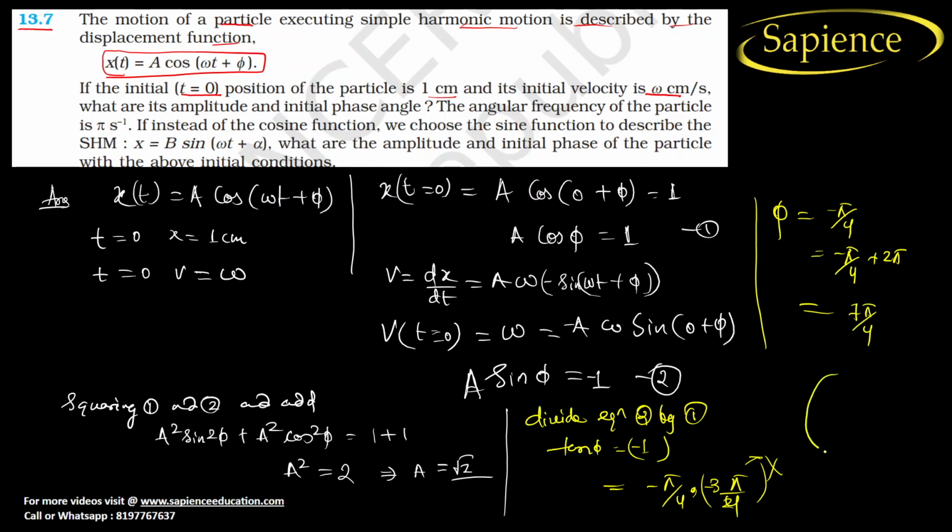If you want to draw the condition, you can see here. This is the condition. So from here, this will be 7 pi by 4, or from here it will be minus pi by 4. So I hope you have understood this. Okay.